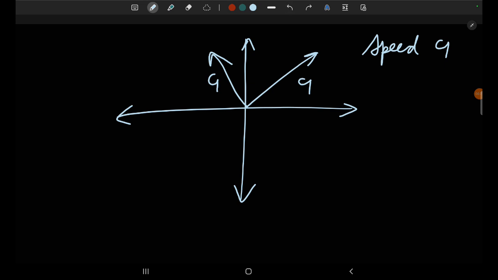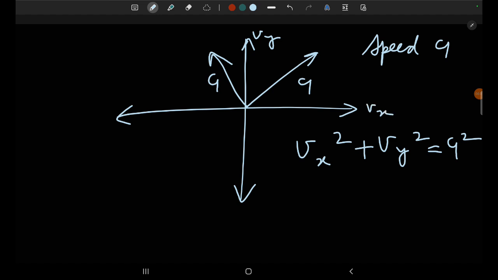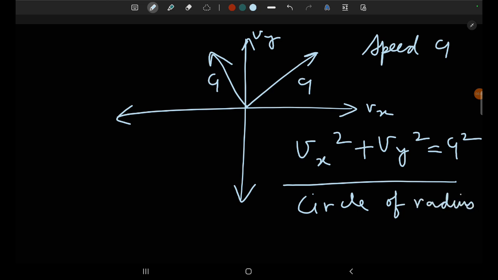We had followed the equation Vx squared plus Vy squared equals c1 squared. This was Vy, this was Vx. Now can you tell me what the locus is? Yes, it's a circle, and that too a circle of radius c1. So let's draw a circle of radius c1.